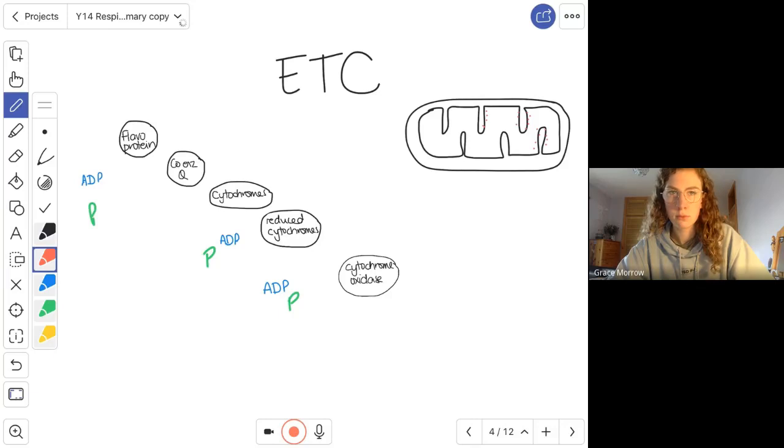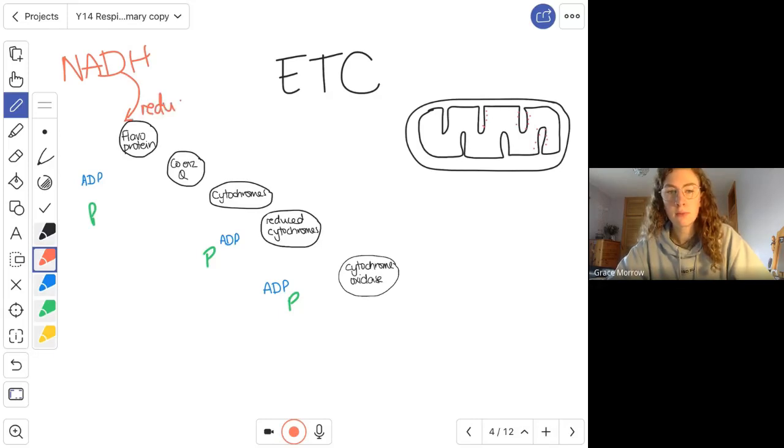All right, so if you imagine that in your head, and basically what happens is another carrier molecule called NAD picks up the hydrogens and passes it to the flavoprotein. When the flavoprotein receives the hydrogen, it becomes reduced.